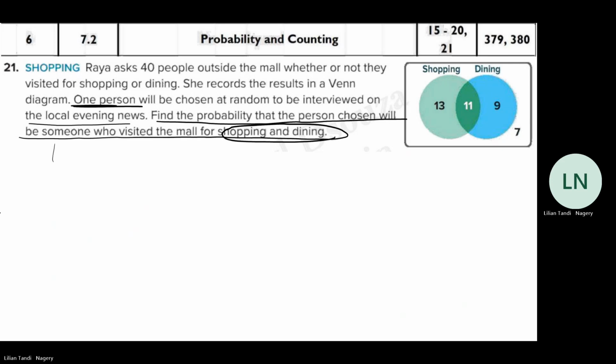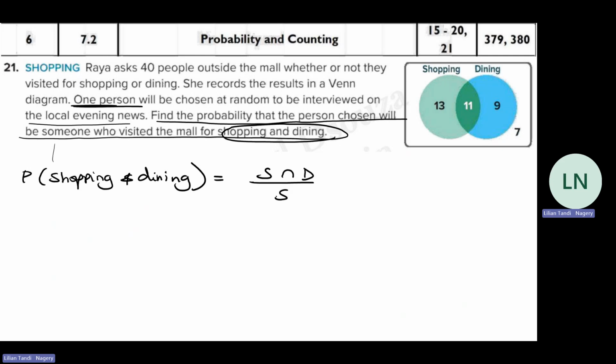So, probability of shopping and dining equals number for both. So you're going to do S intersection D over total. Not over S, over what? Over the total. So that will be 11/40.